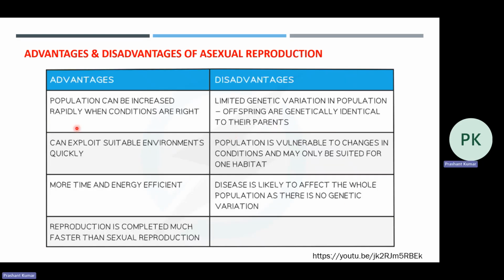Now, when it comes to advantages, there are various advantages. The population can be increased rapidly when conditions are appropriate for the cells to divide. Second, it can exploit a stable environment very fast, because if the same kind of plants grow in one region for a longer period of time, indirectly they are controlling the environmental factors. Maybe some organisms are not getting food, or are getting only one type of food.